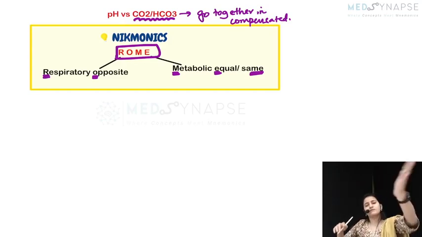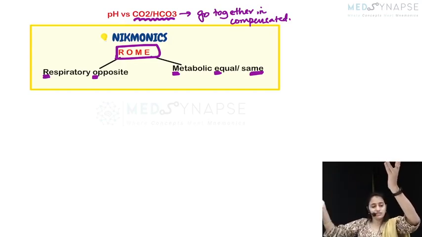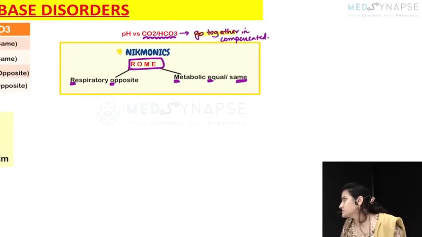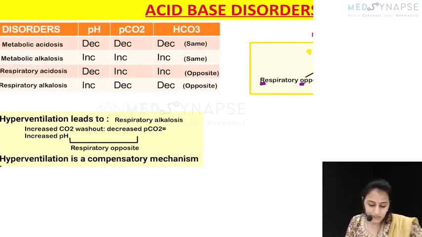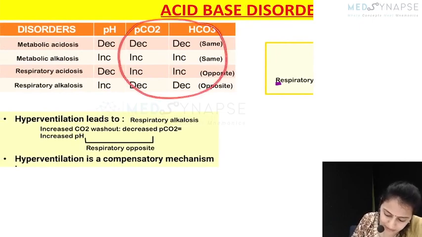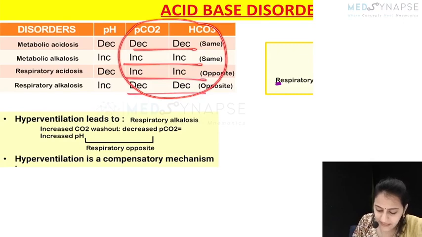If the bicarbonate is increasing, the compensation is an increase in CO2. So remember that both of them go together: one decreases, the other decreases. The change in the pH is what we are talking about, whether it is opposite or the same. If you look at the table here, PCO2 and bicarbonate: decrease, decrease; increase, increase.